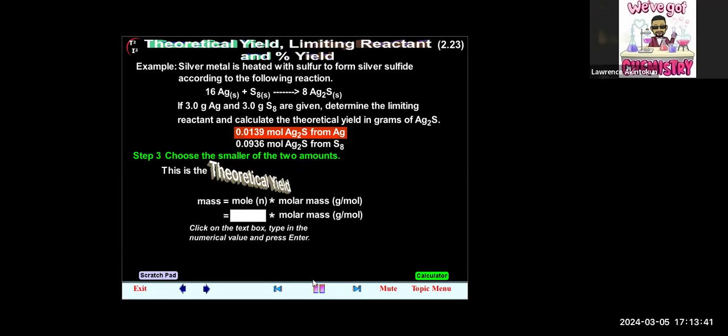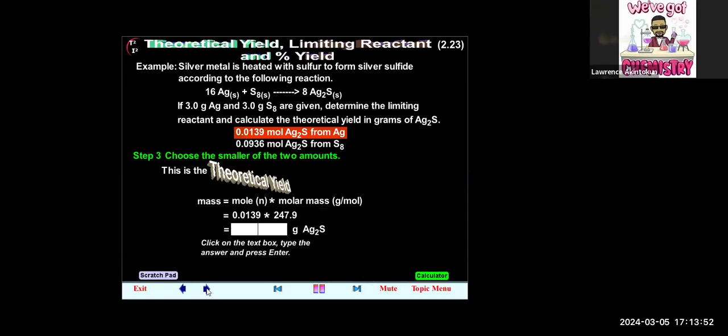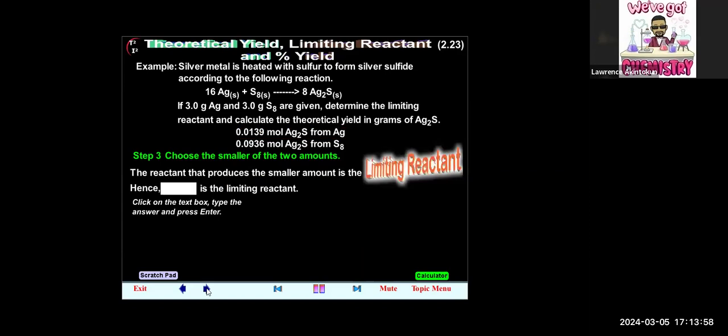Multiply the number of moles from the equation by the molar mass of Ag2S, and that will give you the answer. So what is the limiting reactant in this case?